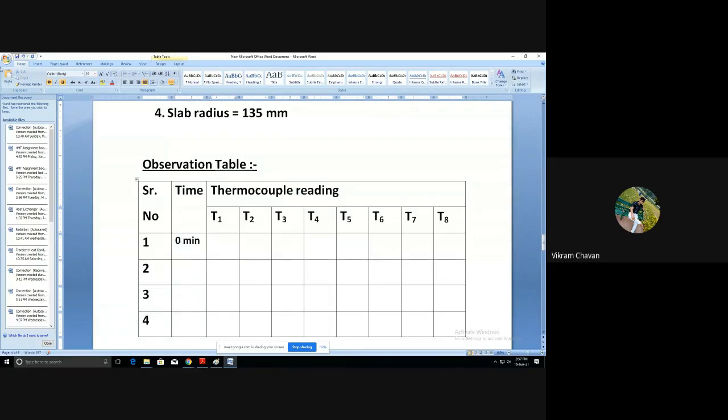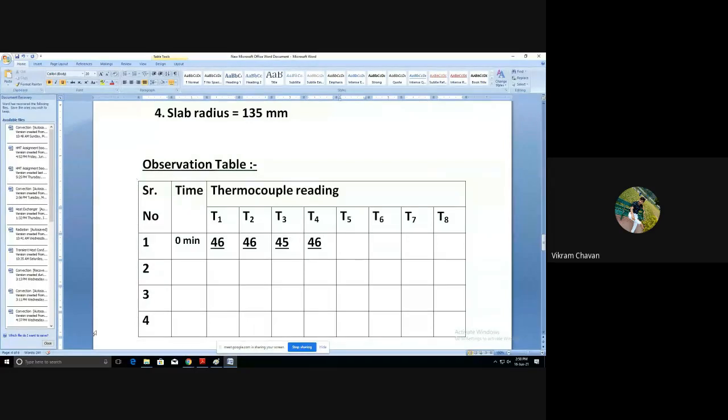So, T1 first reading: 46. T2 46. T3 45. T4 46.